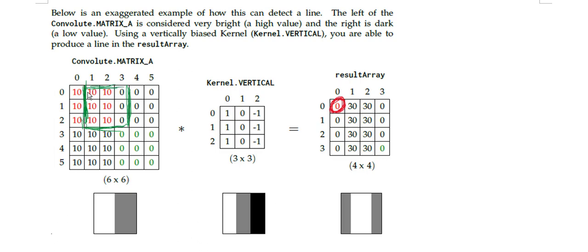So what you do is you multiply 1 with 10, 0 with 10, and negative 1 with 0, and this row is also the same. You multiply each one in here, and then you add everything.